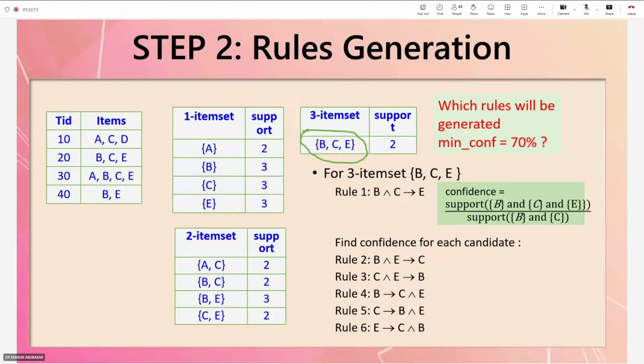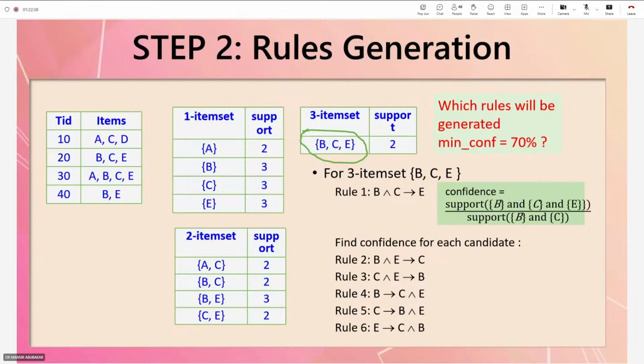So that means we have 2 over 2 for this particular rule, which is 100% confidence, because it is the only place where we have it. That means it is 100% confidence that wherever we have B and C, we have E. Look at the data set here. Can you see B and C and E, and then B and C and E?